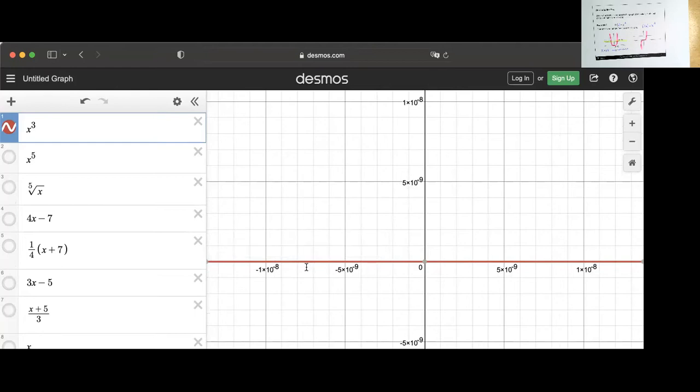Even though that's a really, really, really small number, that number is changing each time. Sorry, that y value is changing for each x value. It's very hard to see, but it is changing.